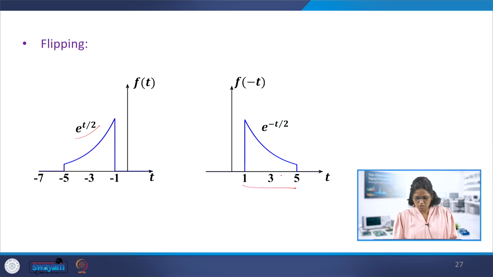So it's a mirror image, e power minus t by 2. This is an exponentially decaying sequence instead of an increasing sequence. So that's just a flipping operation. The flipping operation is required to do some operations while doing signal processing. So this is called flipping, making x of t equal to x of minus t. So the amplitude also is reversed here, because amplitude is a function of t here.